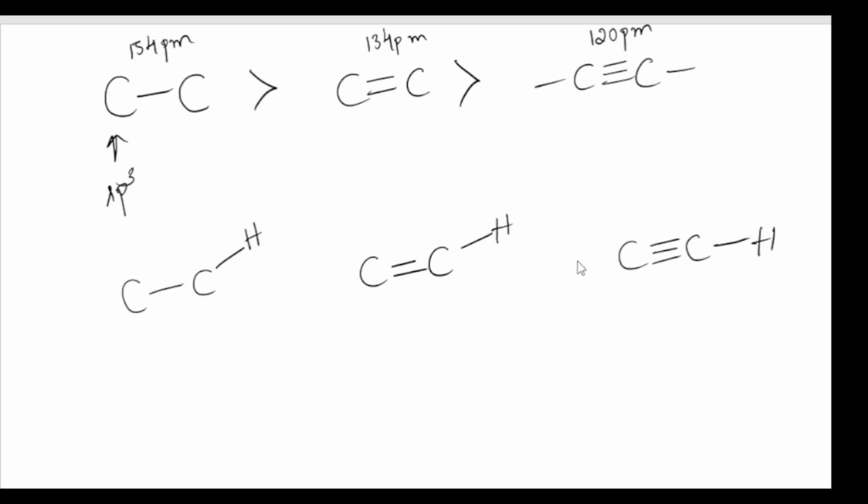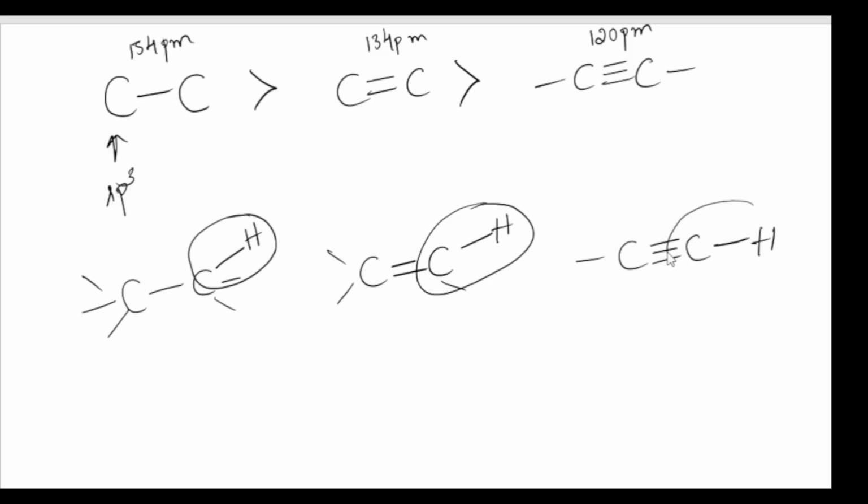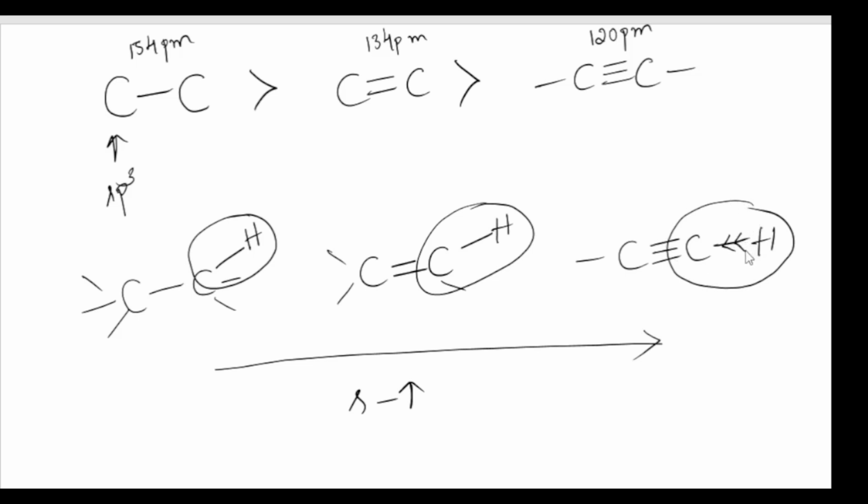What about the bond length in case of this one, this bond length I am talking about, and this one as well as this one? We know that if we move like this, the s character will increase. That's why the electronegativity of this group is more. It will pull the electron towards itself. Therefore, this bond will be shortened.